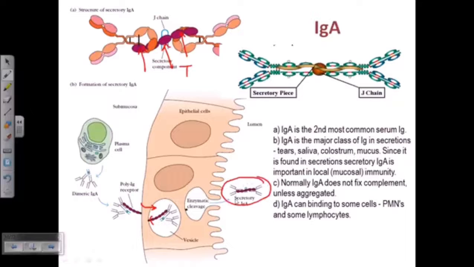As they come out, the poly Ig receptor that was present on the surface of epithelial cells is converted, and is now called the secretory component or T component. This is nothing but the receptor that previously received the dimeric form of IgA.